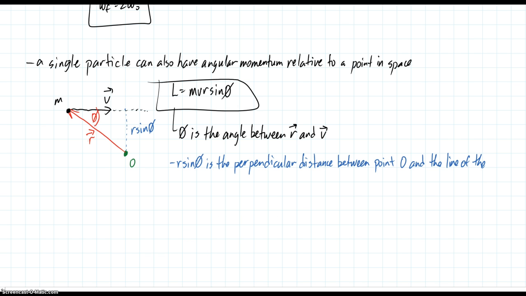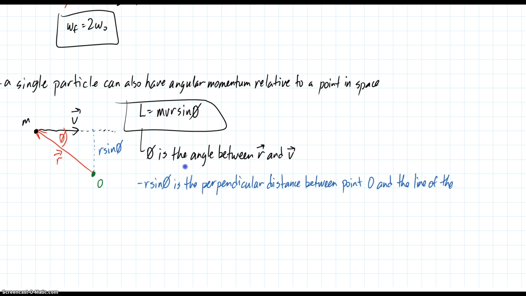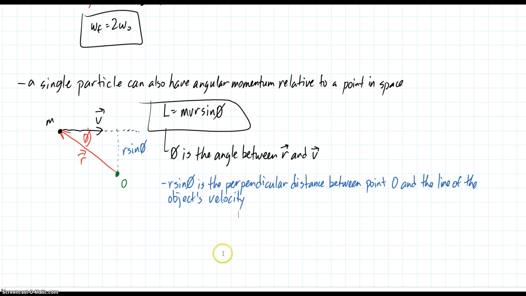And so here, if the object moves with constant velocity, it will have a constant angular momentum. When the object is far away from point O, the r vector will be very long, but phi will be very small, sine phi will be small, in such a way that the product r sine phi is staying the same.